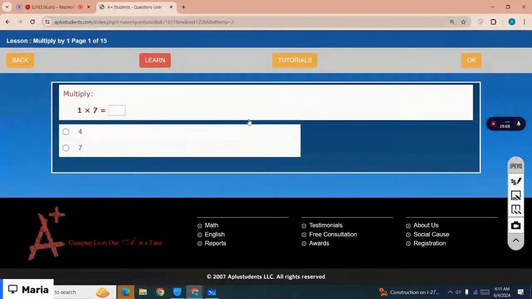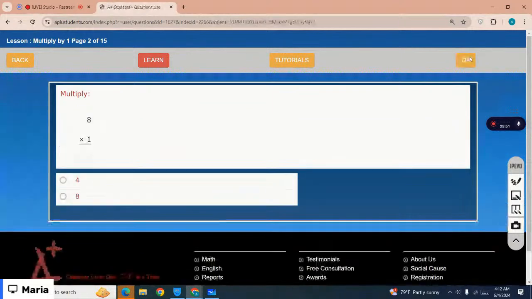1 times 7, which is the correct option? 1 times 7 is 7. The correct option is 7. 8 times 1.